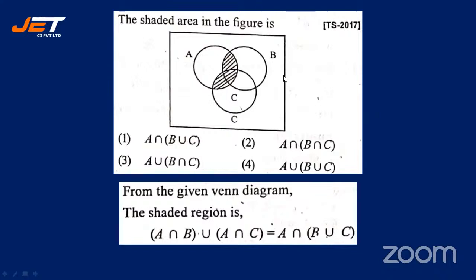We have a formula for that: A intersection B union A intersection C is nothing but A intersection B union C. So that is how the first option is the right one.